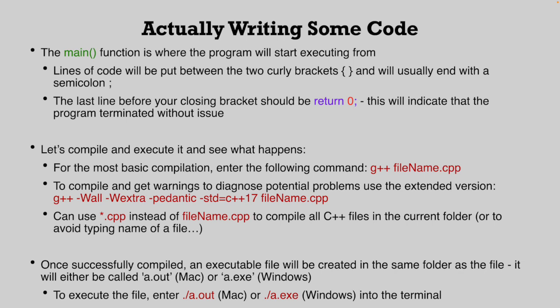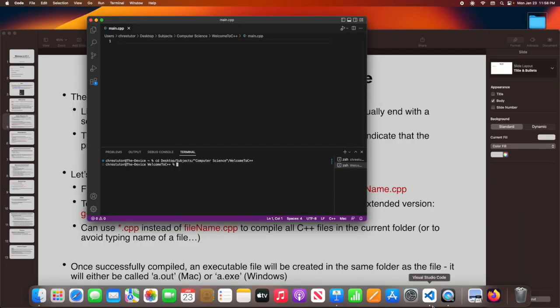The last line before your closing bracket should be return 0, which indicates that your program terminated successfully. So let's do that now. Okay, so now we're in here, and we're going to do int main, and then our brackets, and then return 0. And then we're going to Command S it to save it.